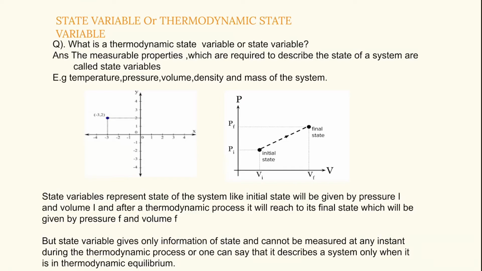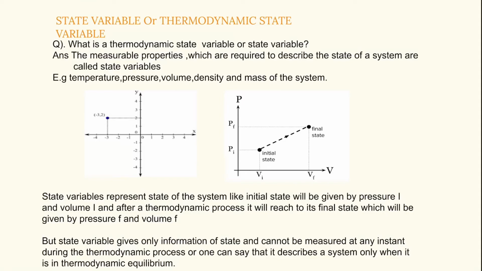One graph shows a point (-3, 2) which shows the position of the point, whereas another graph is a P-V graph where the initial state of the system is shown by P1 and V1, and its final state is shown by PF and VF. So state variables represent the state of a system, like initial state and final state.